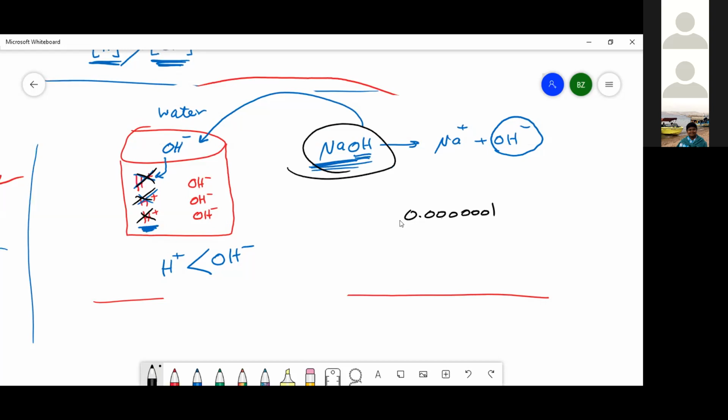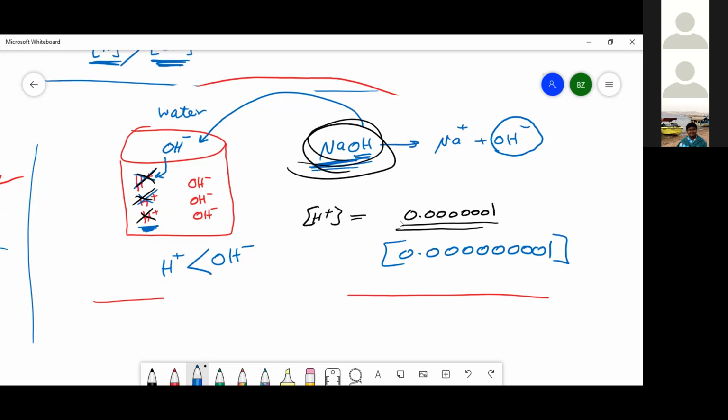So the concentration of H plus in water was like this, but after adding NaOH, it becomes less, such as 0.000000001. This is the new concentration of H plus after adding NaOH. You got the point?